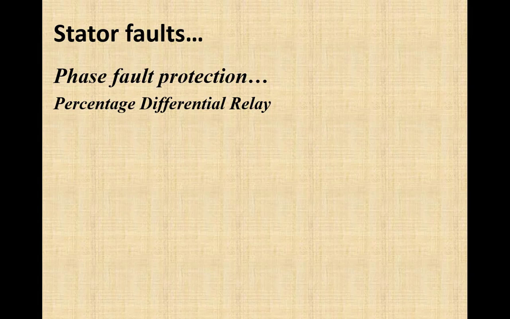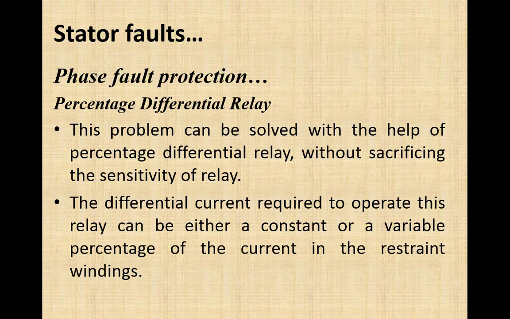Here I will introduce what a percentage differential relay is and how it is different from an overcurrent or simple differential relay. The differential current required to operate this relay, the operating current which flows in the differential branch, can be either a constant or a variable percentage of the current in the restraining winding.